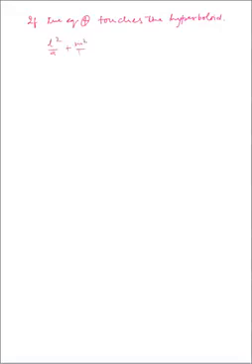If the equation 4 touches the hyperboloid, then what will be the condition? Condition will be L square upon A plus M square upon B plus N square upon C is equal to P square.